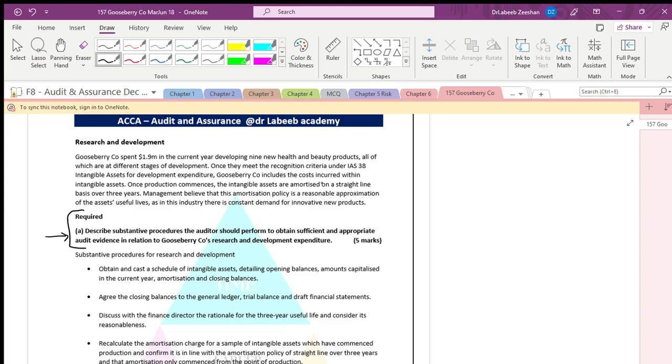By reading the scenario alone, we will not get anything. You see what the requirement is. Once we know the requirements, automatically we focus on that. They say: describe the substantive procedures the auditor should perform to obtain sufficient and appropriate audit evidence with respect to research and development.